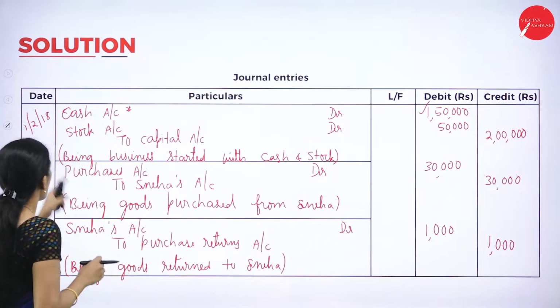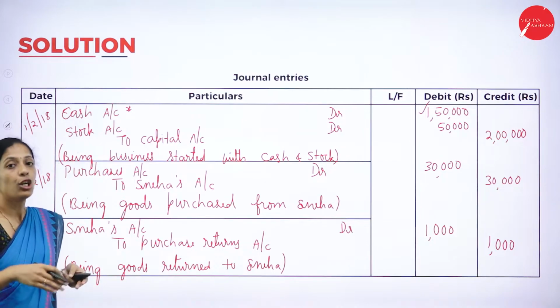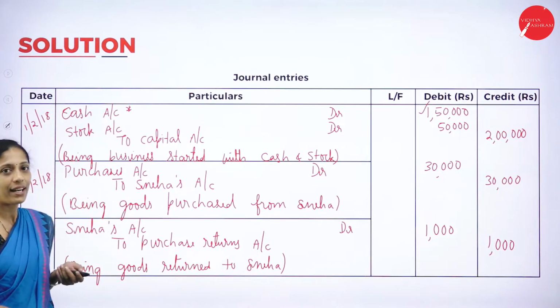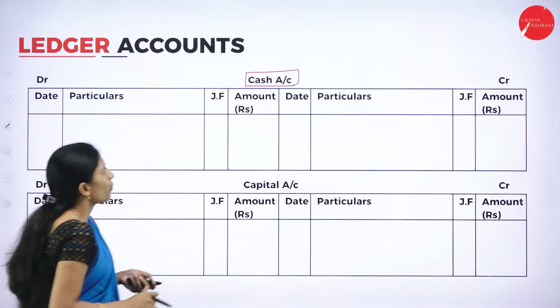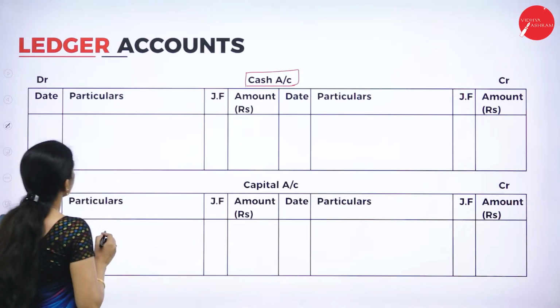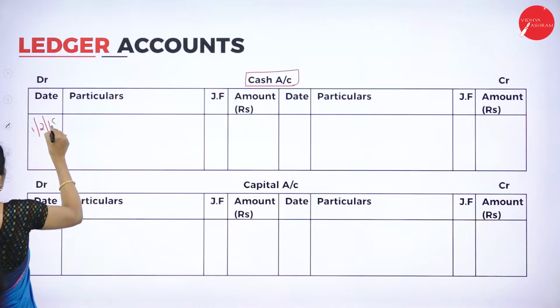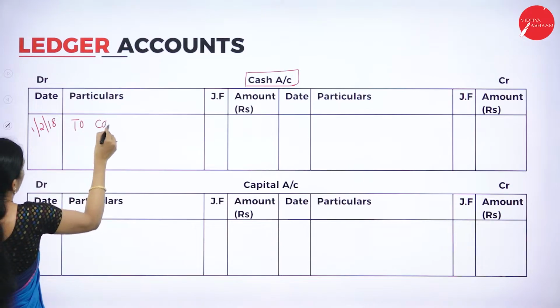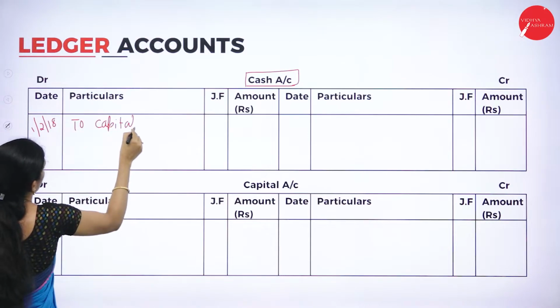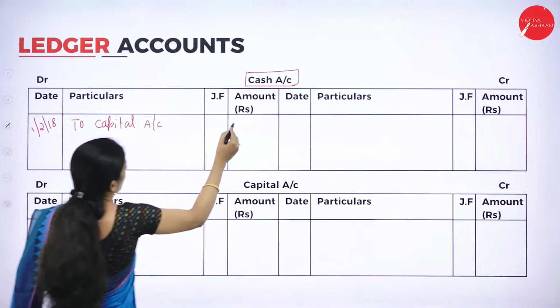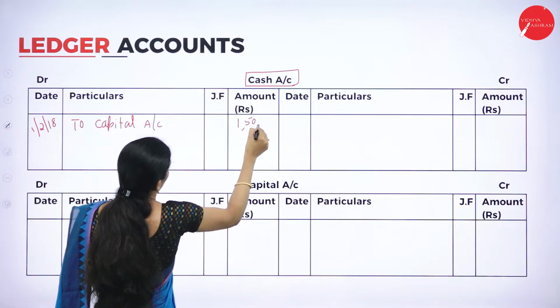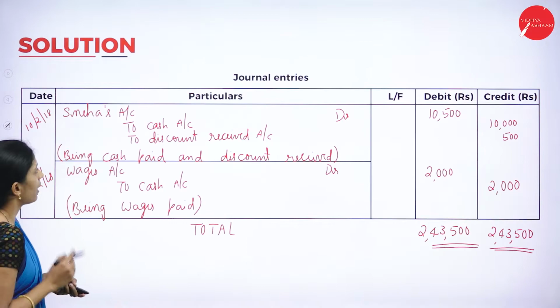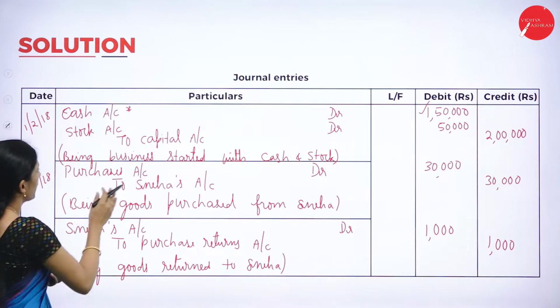So 1/2/2018 to capital account 1,50,000.